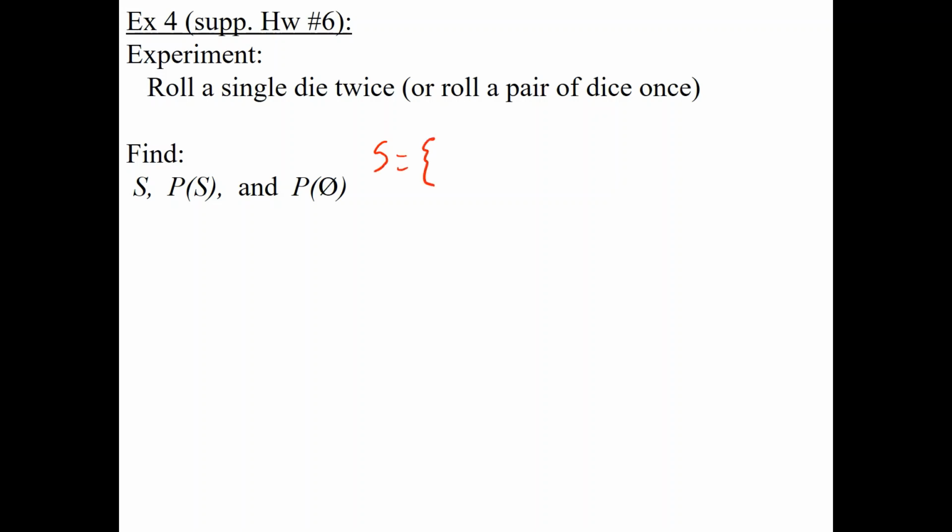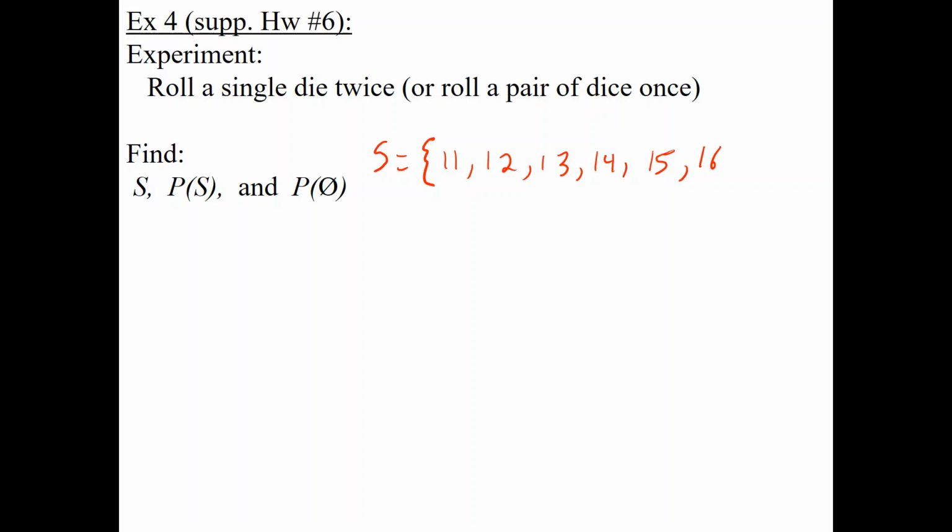And I'm going to start listing all the rolls of the dice, all possible pairs of rolls of dice. So, for example, we can write 1, 1, 1, 2, 1, 3, 1, 4, 1, 5, and 1, 6. There's more than this, but what I'm writing here is all the rolls where the first roll was a 1. I'm going to try to do it in an organized way. You'll see why in a little bit.